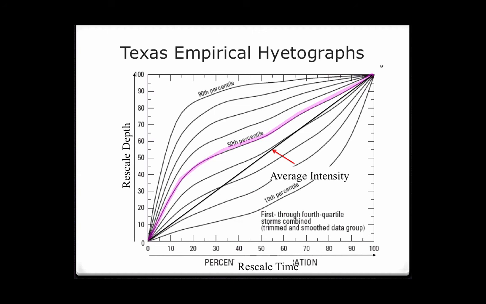Let me explain what the percentiles mean in this chart, because they're different than percentiles in other stuff in the class so far. So 90% of the storms studied in this study would plot along this trajectory or somewhere below it. 10% of the storms in the study would plot on this trajectory or somewhere down in this corner.